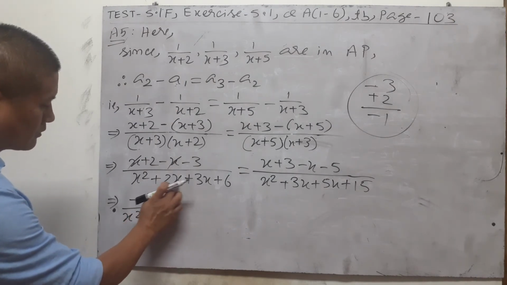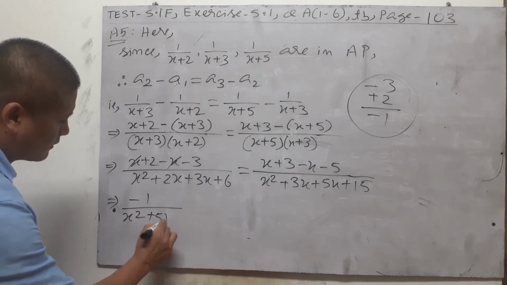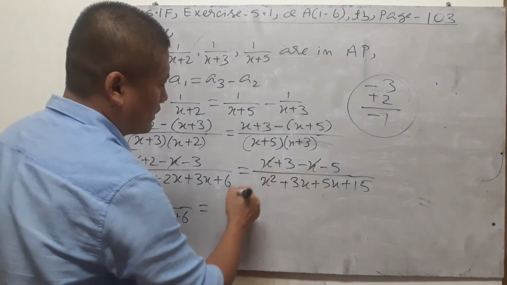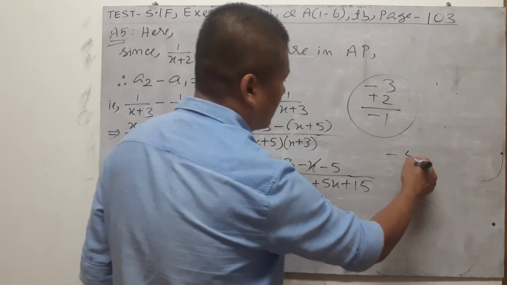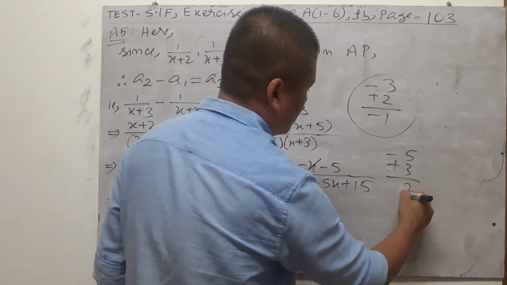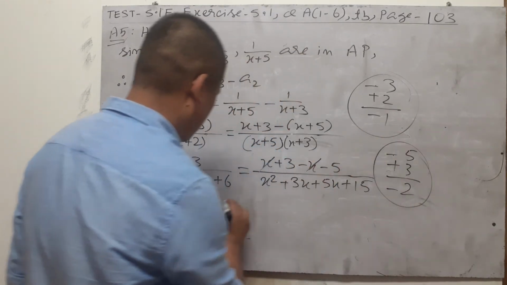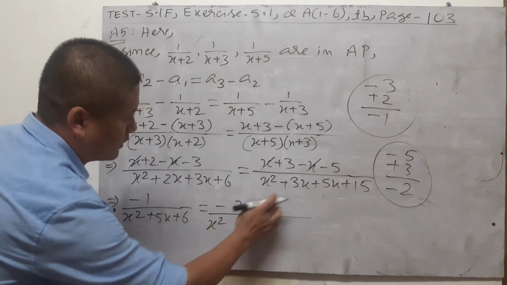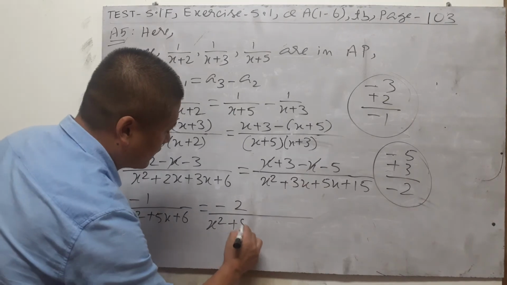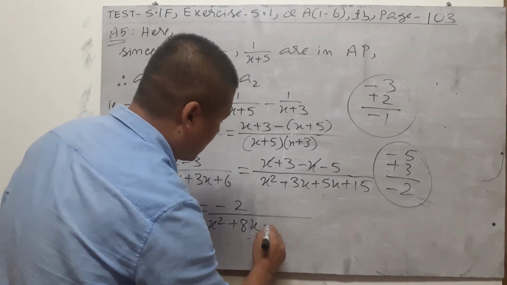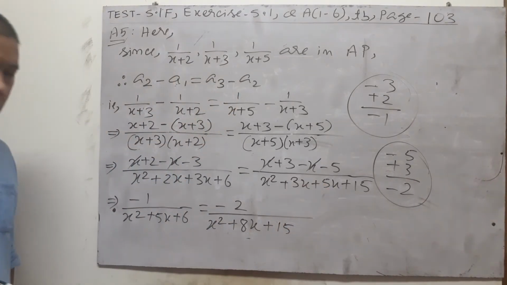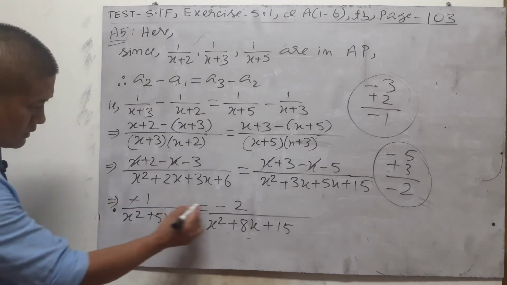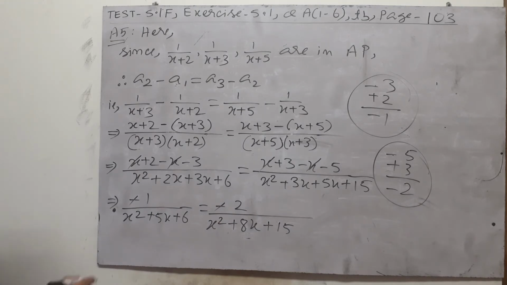Then both are plus, 2x plus 3x is 5x, plus here 6 is equal to minus x plus x 0, minus 5 plus 3, bigger one minus, so again minus 2, minus 2 divided by x square plus 3x plus 5x is plus 8x, then here plus 15, and we know that here minus on both sides means you can cancel the minus that are on the numerator.